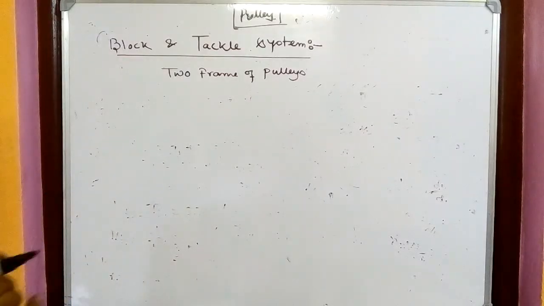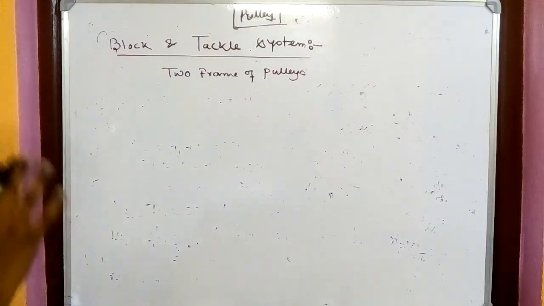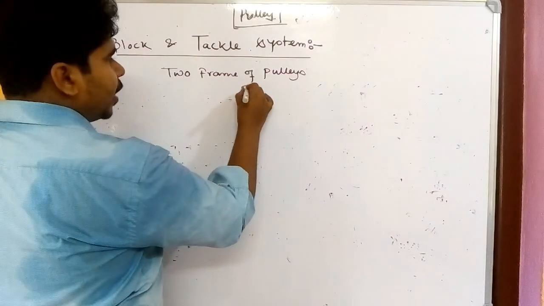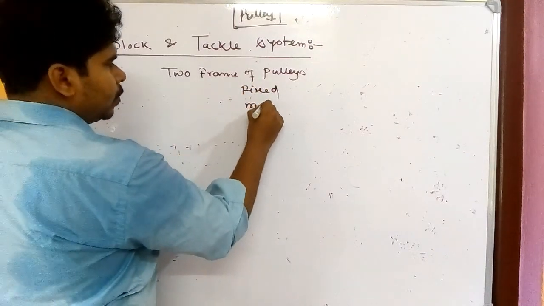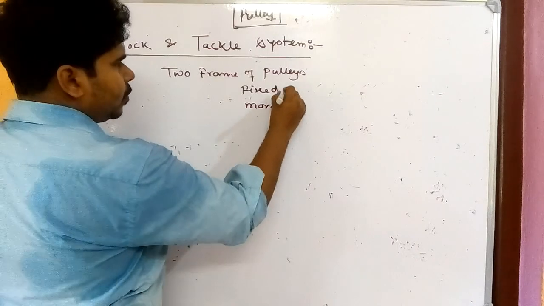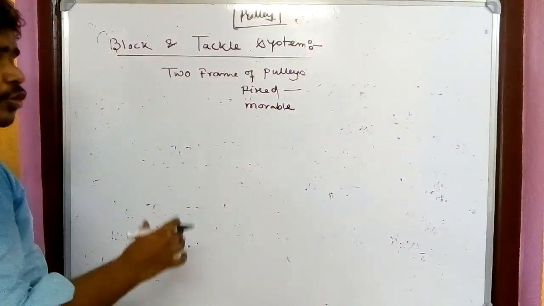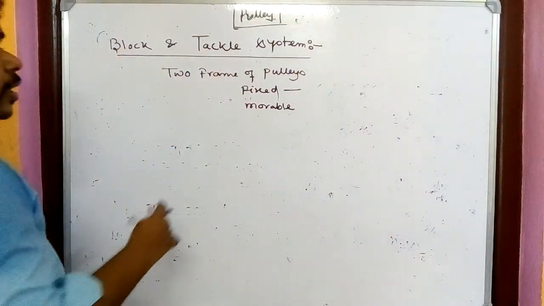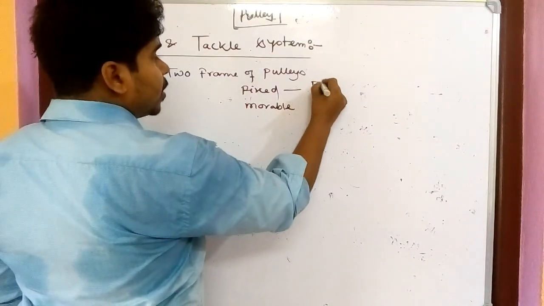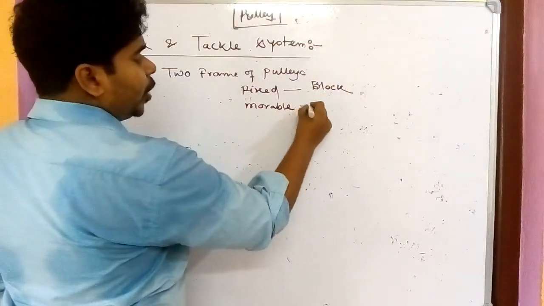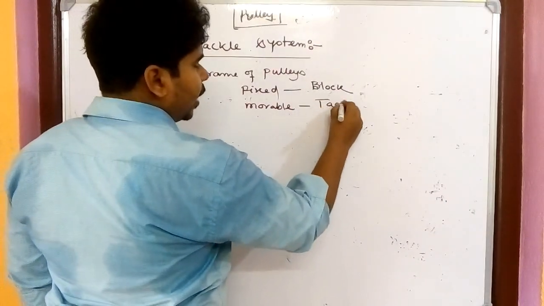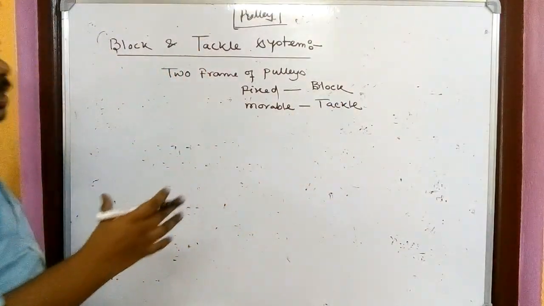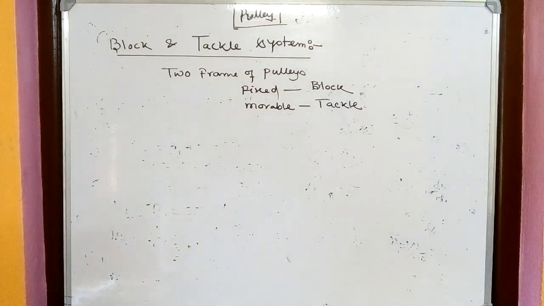One frame is fixed and one frame is movable. Which frame is fixed, that one is known as block, and which frame is movable, that is known as tackle. So this is the kind of system which is known as block and tackle system.